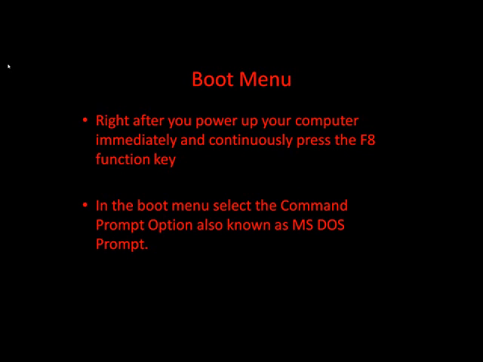To get to the boot menu, when you power up your computer, just as it's powering up, you press the F8 function key continuously, and it'll take you to the boot menu. When you're on the boot menu, it'll have options there. You just use the arrow keys on your keyboard and select the command prompt option, or it could be the MS-DOS prompt option. You highlight it and press enter.